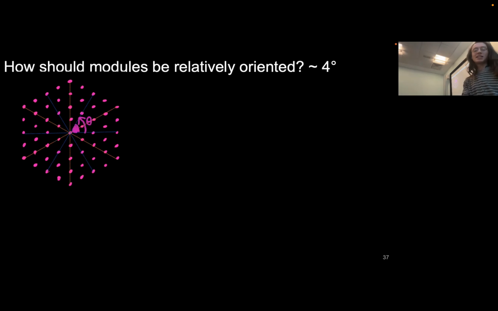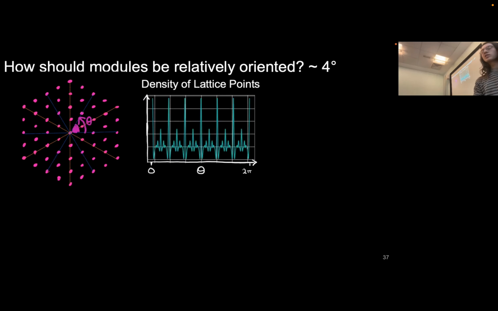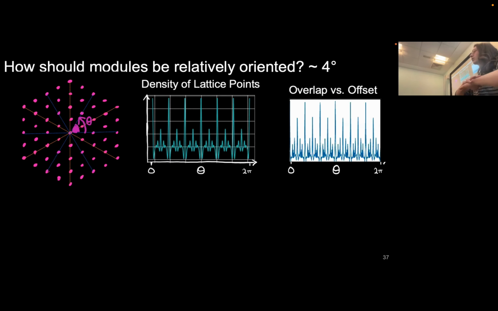Okay, and so to quantify that, we just stand at this point, and measure as a function of theta the density of points that you see, if you smooth the points slightly, where the amount of smoothing depends on the room size. And you get this plot, which is the density of lattice points as a function of theta. And then you overlay two of these density plots, and rotate them relative to one another by some other angle, delta theta, and you measure the amount of overlap.